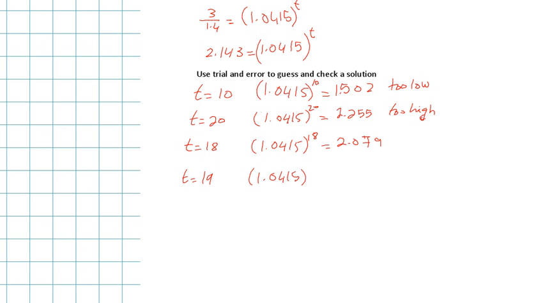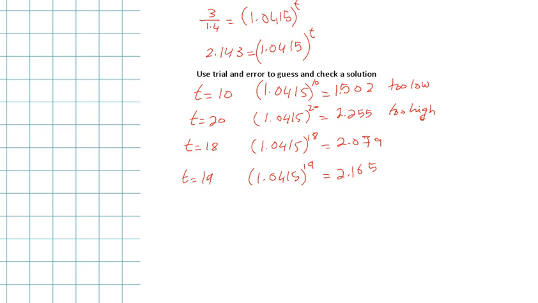2.165. So the 18 is too low, the 19 is too high, right? So basically it's somewhere in between. So your answer is that between year 18 and year 19, the population is going to exceed 3 million.